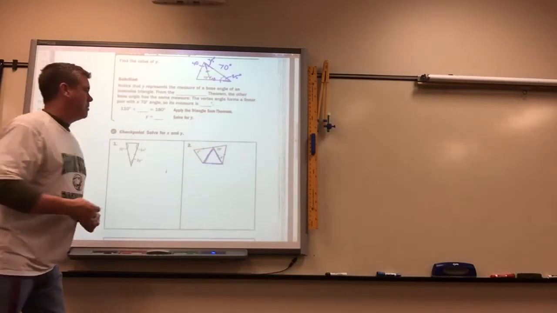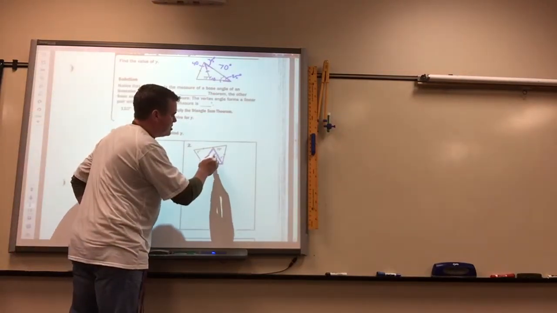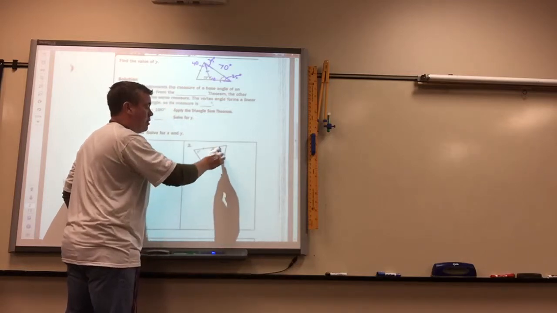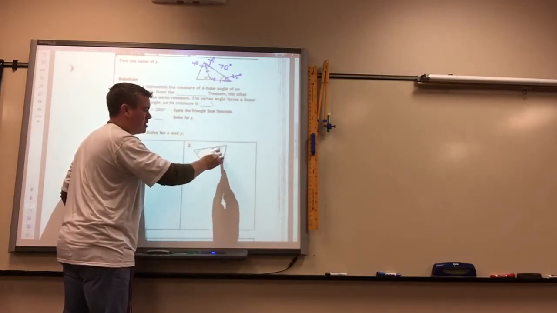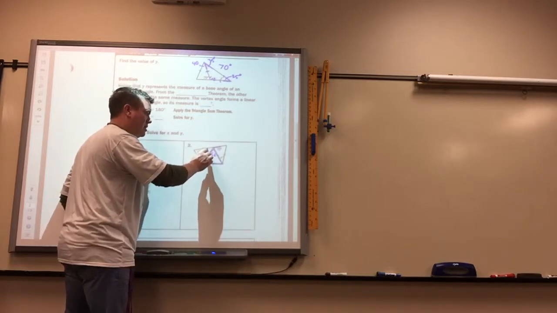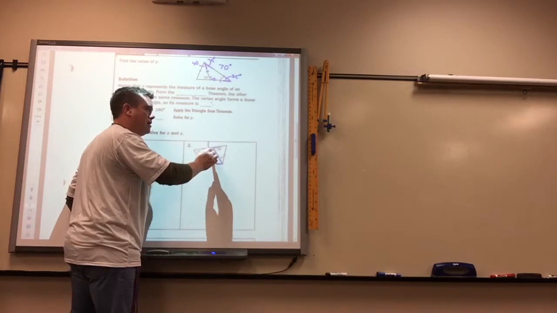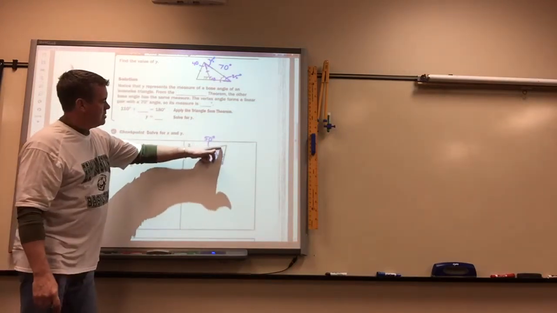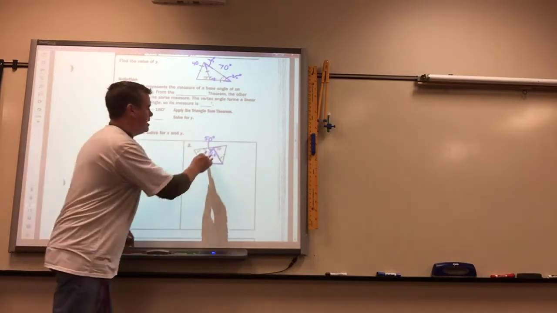So if this is 60 right here, these two angles are 70 and 60, which adds up to 130. So this angle right there would have to be 50, because 70 and 60 and 50 make 180.